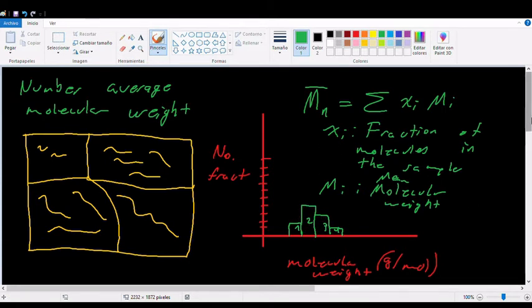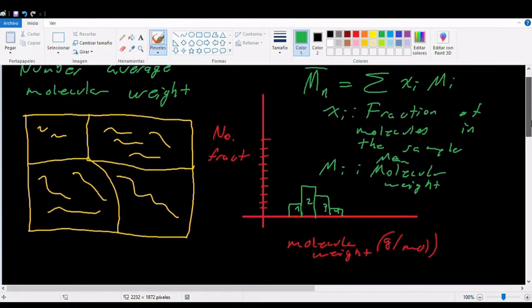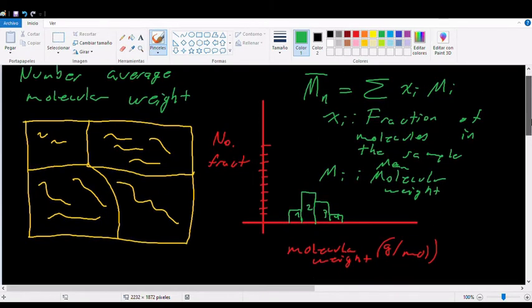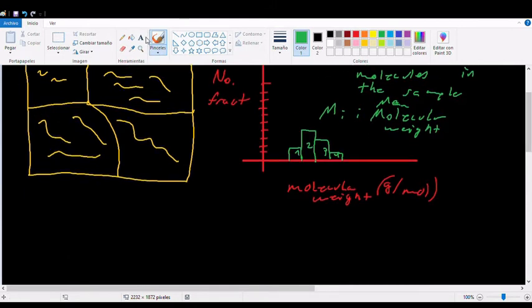So if we wanted to calculate M sub n, we would have to write, for example, M sub n is equal to, for example, 0.1 times the first molecular weight, which could be m sub 1, right? Plus, no wait, this is 2.